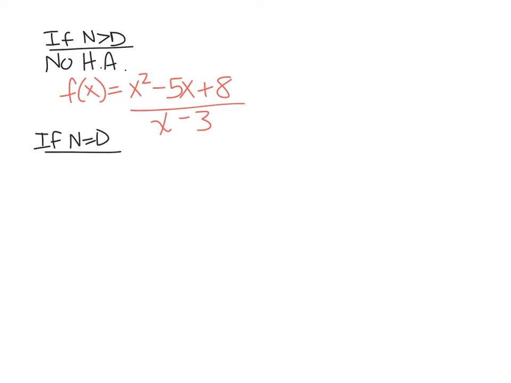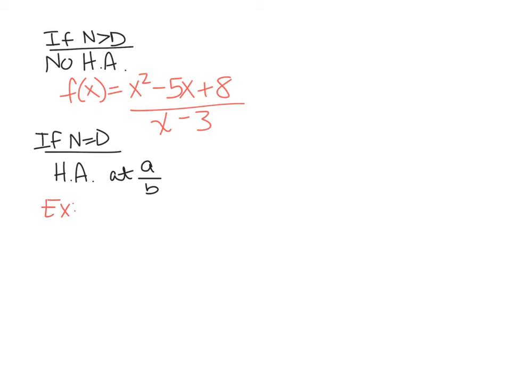So our final case is if the degree of the numerator is equal to the degree of the denominator, your horizontal asymptote is going to be at the leading coefficient of the numerator over the leading coefficient of the denominator. So I'll give you an example of that.